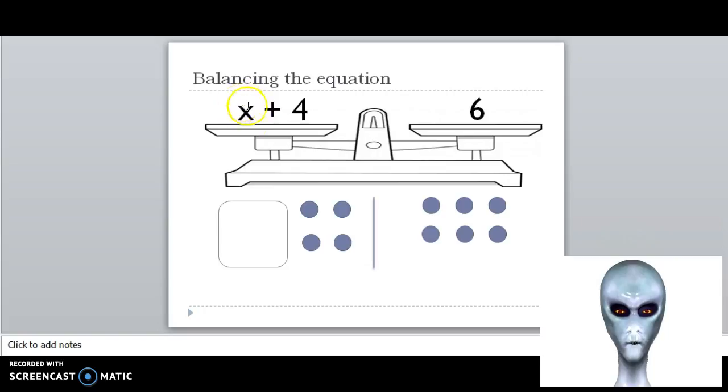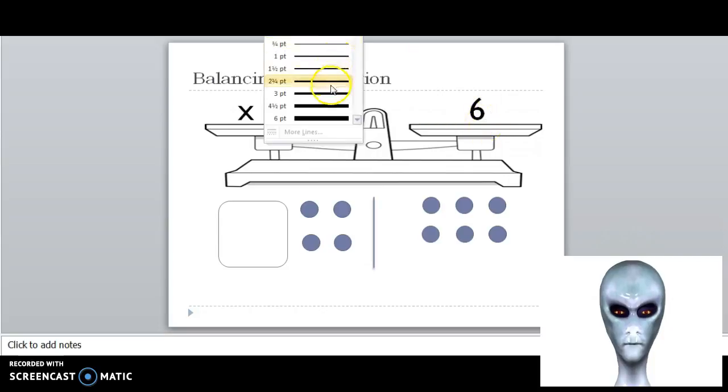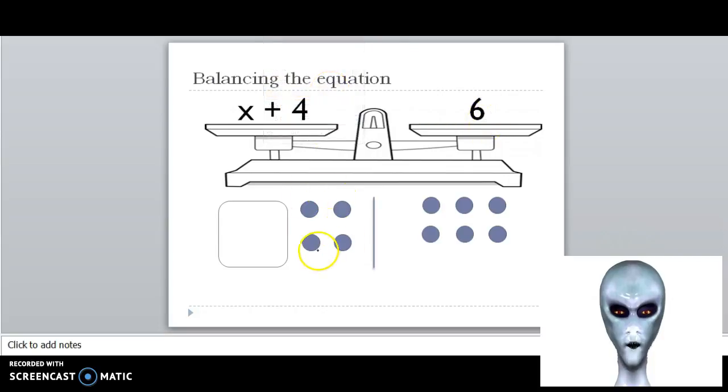Some number or some unknown plus 4 has to balance to 6. So I have 4, and I have some number that represents my x value, has to balance to 6. So I have 4 dots on this side.